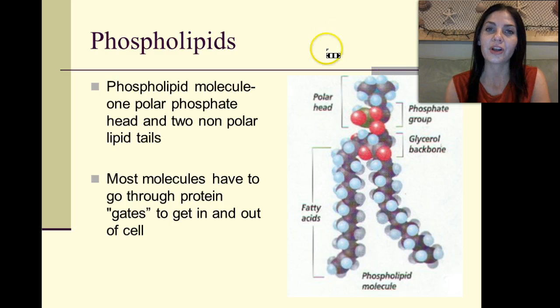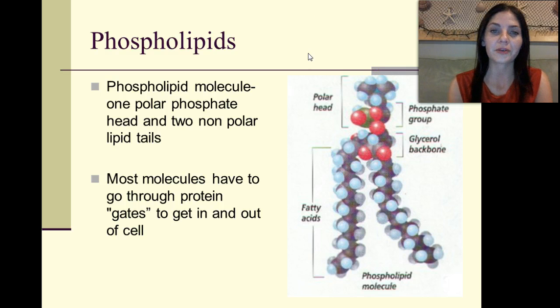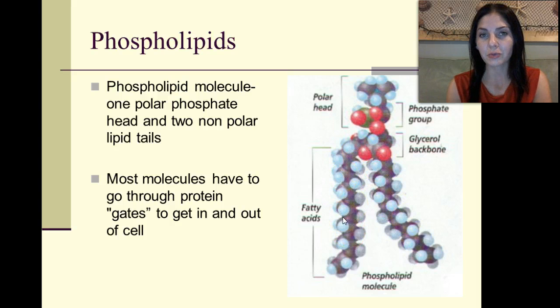It's hydrophilic, meaning it loves water. And then it has a nonpolar tail that is hydrophobic, meaning that it's scared of water. So hydro means water, philic means loving. So the head is hydrophilic, while the tail is hydrophobic, meaning fear of.